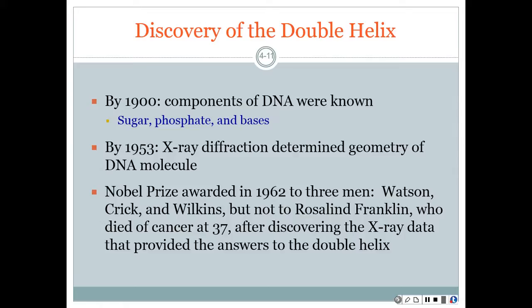So he stole the picture that she developed and took it over to Watson and Crick at the other university. And when Watson observed the X-rays that Wilkins showed him, he realized, hey, this is the missing piece to my puzzle.